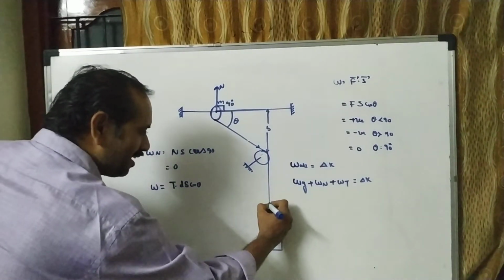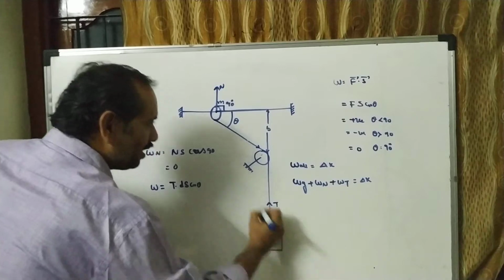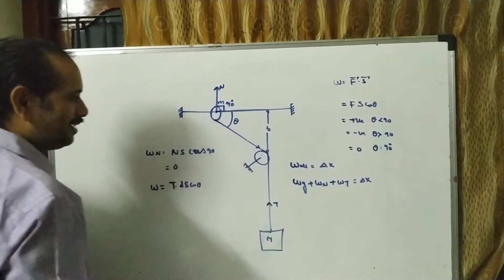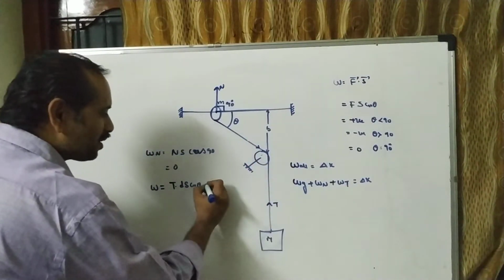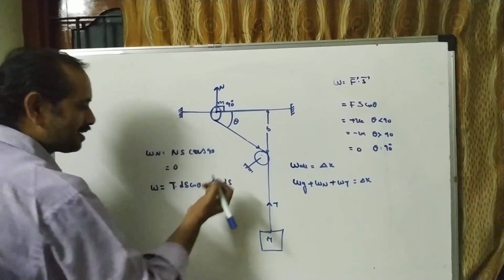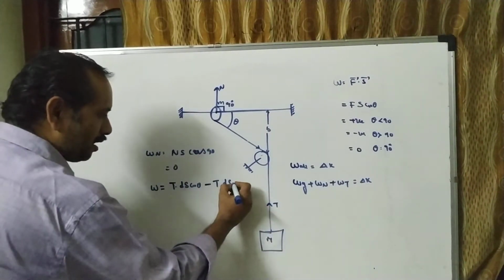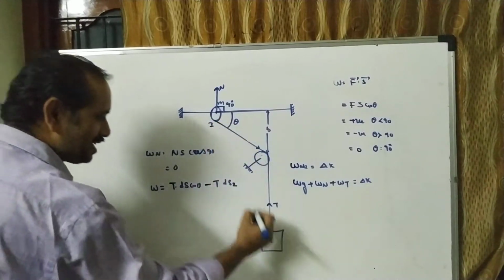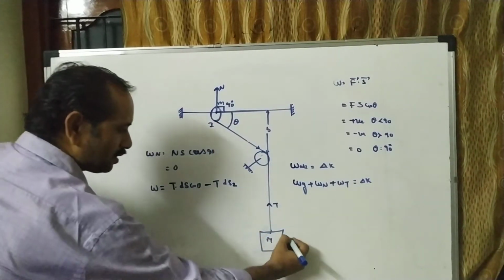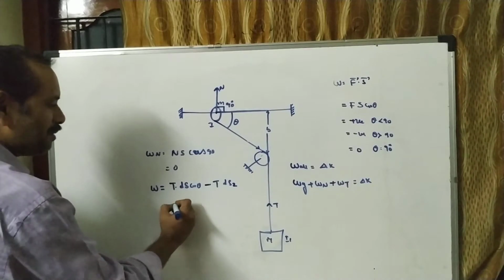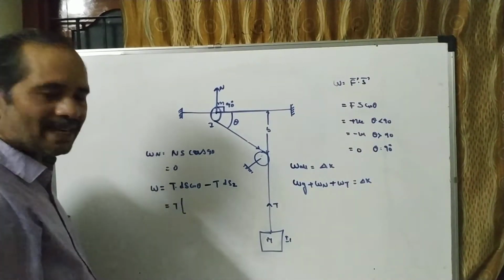Next, the tension on the lower block, if it is displaced by ds2, gives minus T into ds2. This is 1 and this is 2. T is the common term: ds cos theta minus ds2.